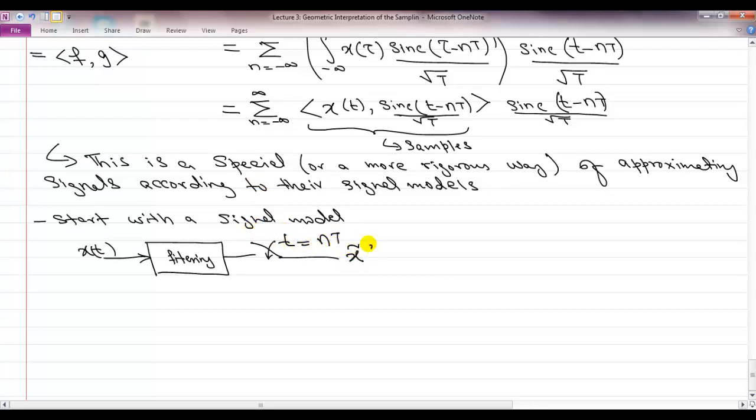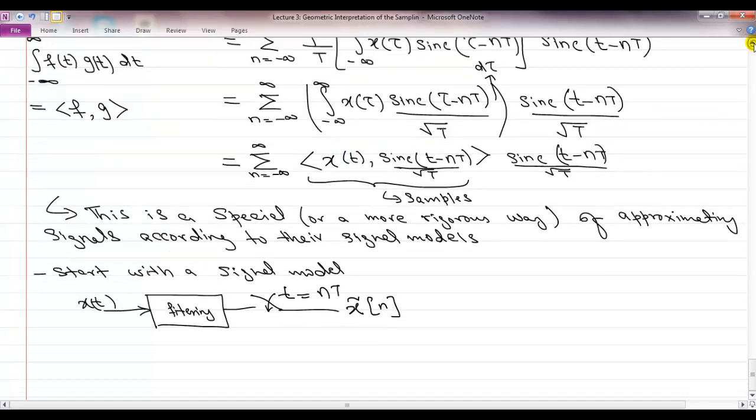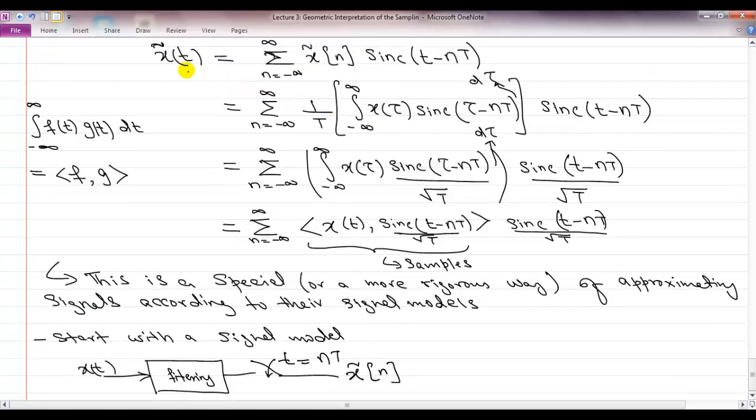And you will get your samples, which we will call x tilde n. So whenever we end up with a signal model where we will be writing our x tilde t in this summation form, this thing inside the summation we will always call samples. Recovering from the samples will be as easy as taking a similar function and just adding all of those samples times the shifted functions together. Okay.